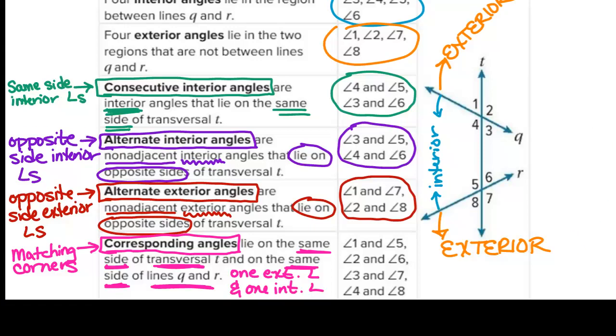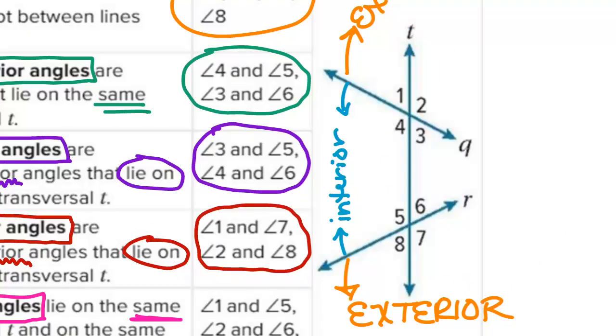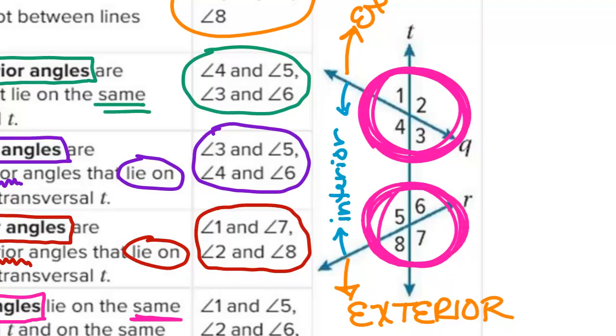So to find corresponding angles, matching corners, I'm going to look at the two intersections on the transversal. When I look at the top intersection, there's upper left and lower left, upper right and lower right. Do you guys see those four corners? And then down below I have an upper left and lower left, upper right and lower right.